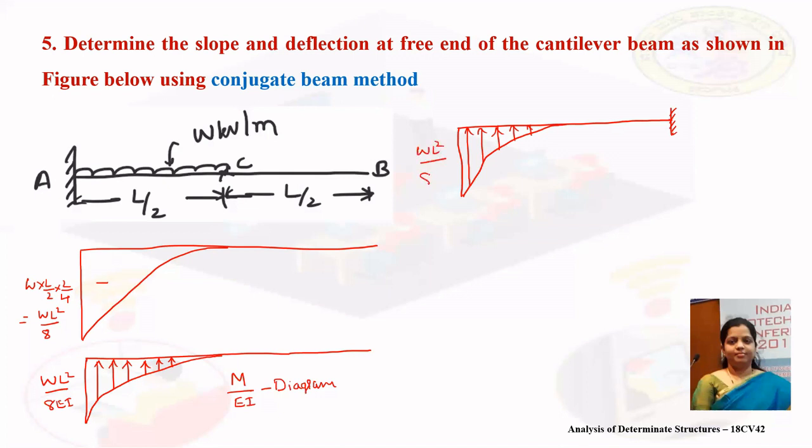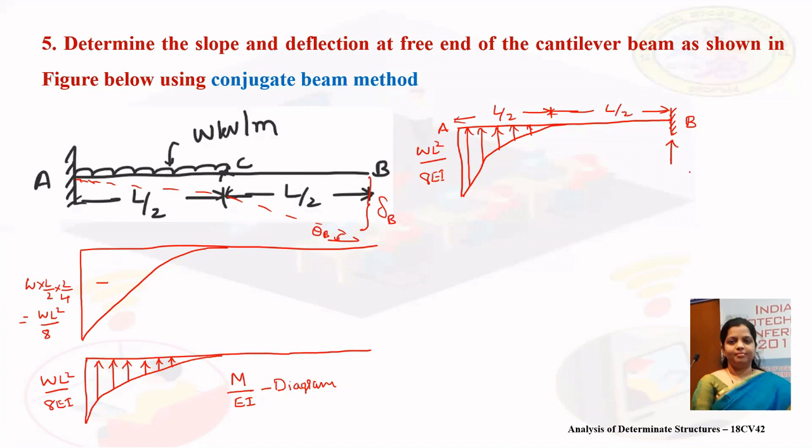WL square by 8 EI, L by 2, L by 2. This is A and this is B. So we need to compute this theta B as well as this deflection, maximum deflection at B.